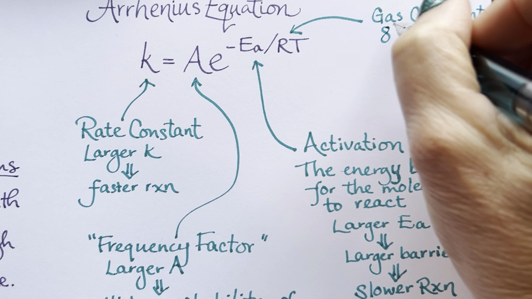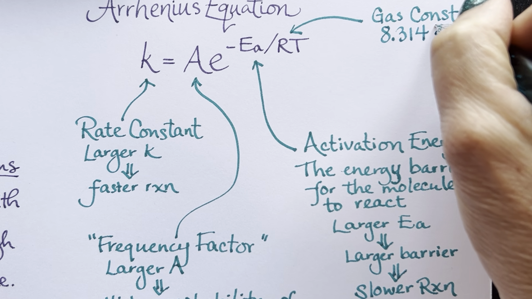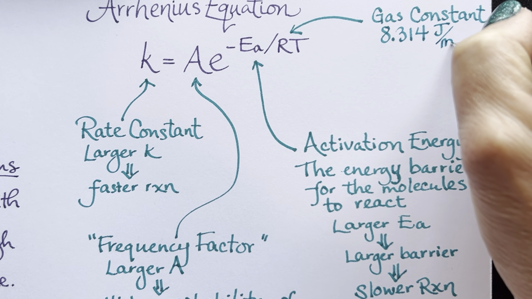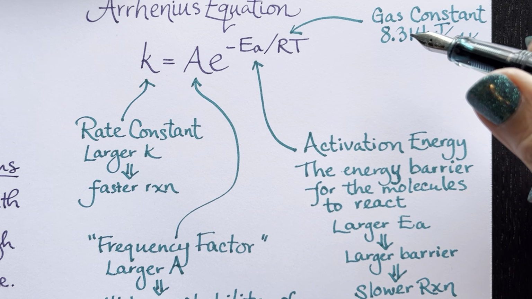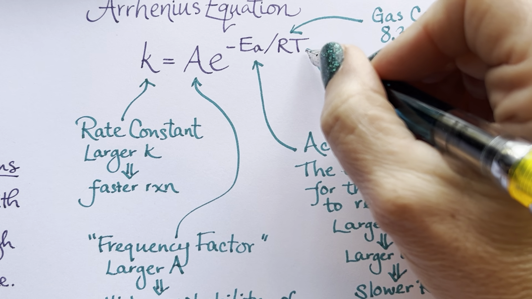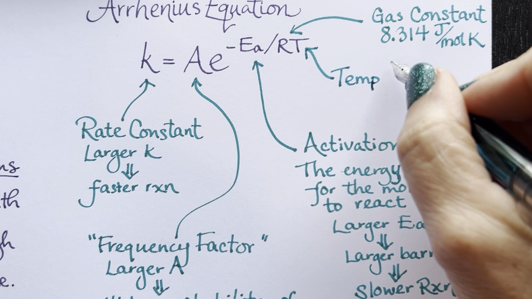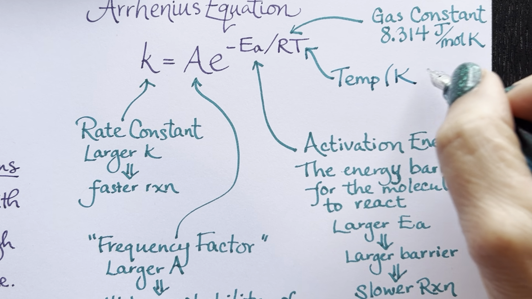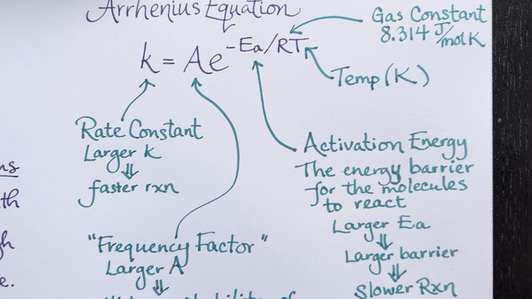This is 8.314 joules per mole Kelvin. All right. And here's our temperature. This must be in Kelvin in order for our units to work out.